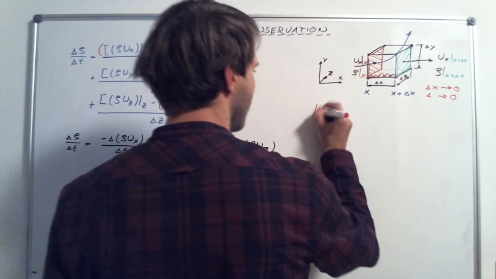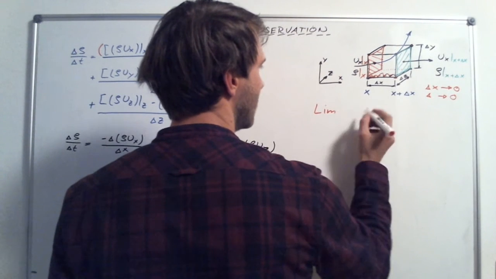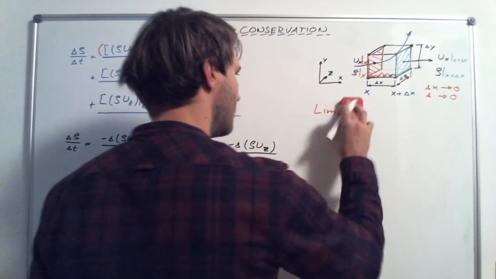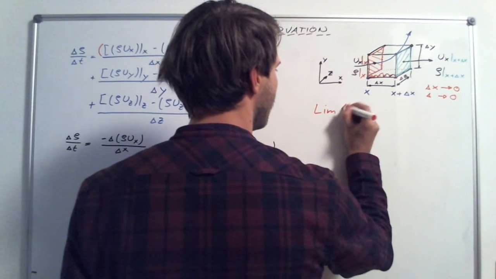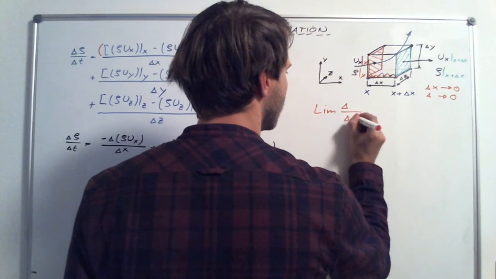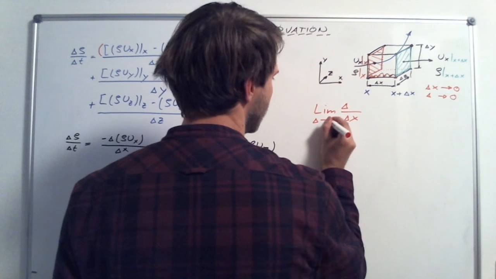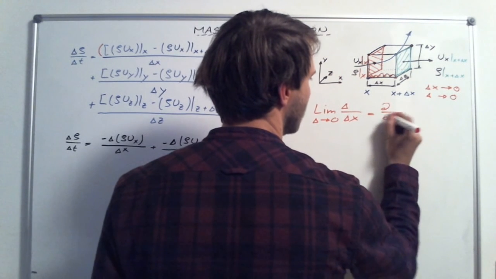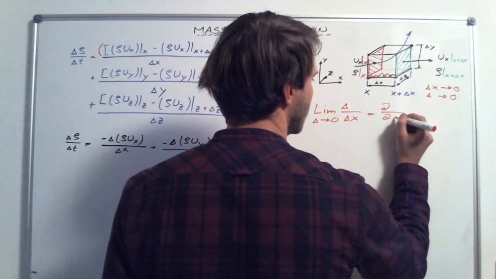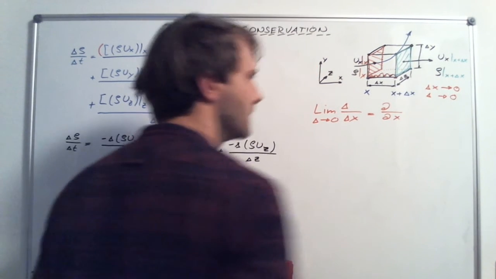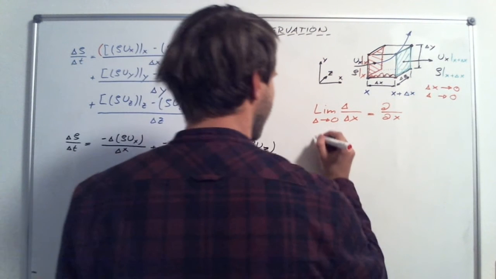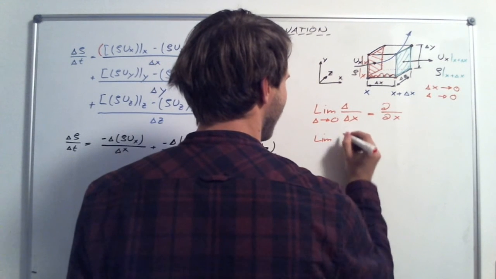In the mathematical expression, we use the limit of delta x. When delta is going to 0, it will change into the partial symbol. And that's the magic.